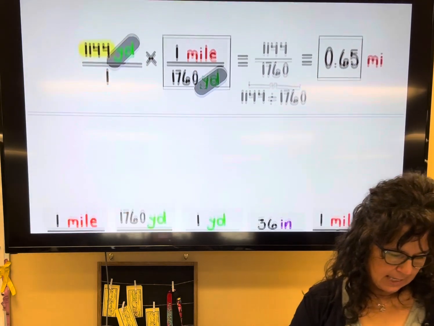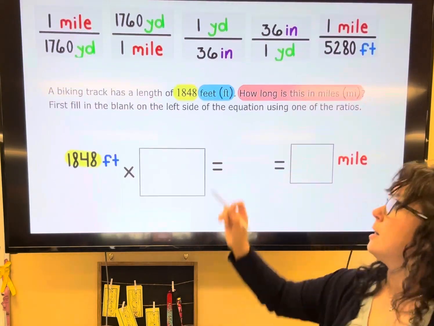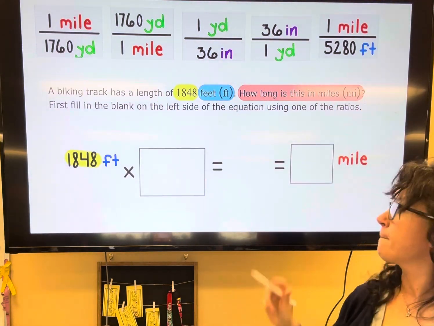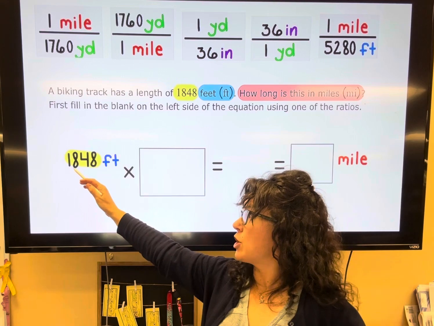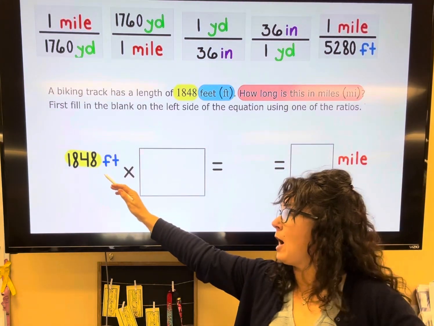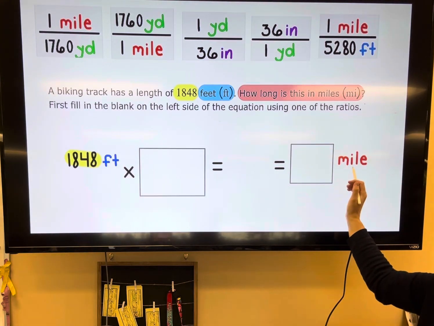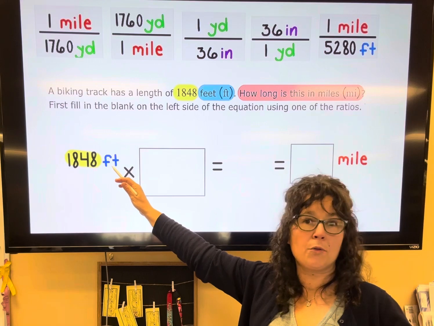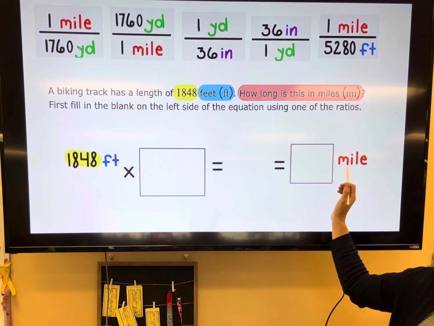Okay, so last example here. Starting off with all these options to choose from, I want to change 1,848 feet and know how many miles that is. So I'm going to pick a fraction that has both feet and miles in it.